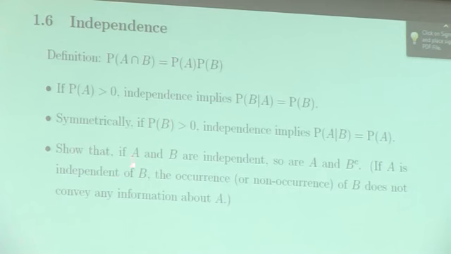So, let's show that if A and B are independent, so are A and B complement. So, in words, what does this mean? This means that if A and B are independent, getting information about the occurrence or non-occurrence of, in this case, B, does not tell us anything about the occurrence of A. Okay? So let's show this. How would you show this?